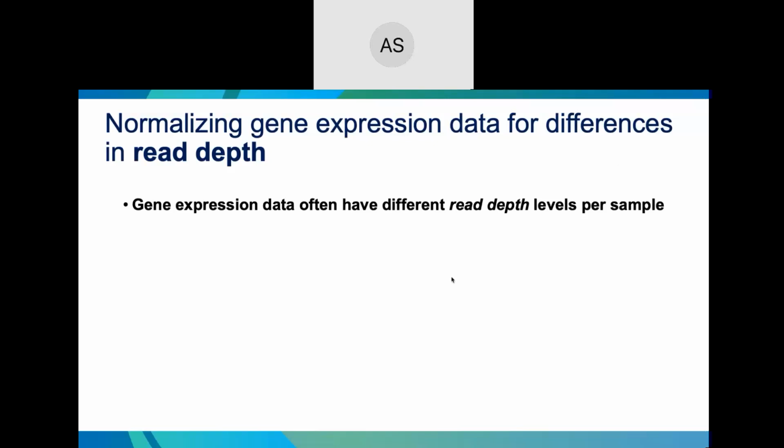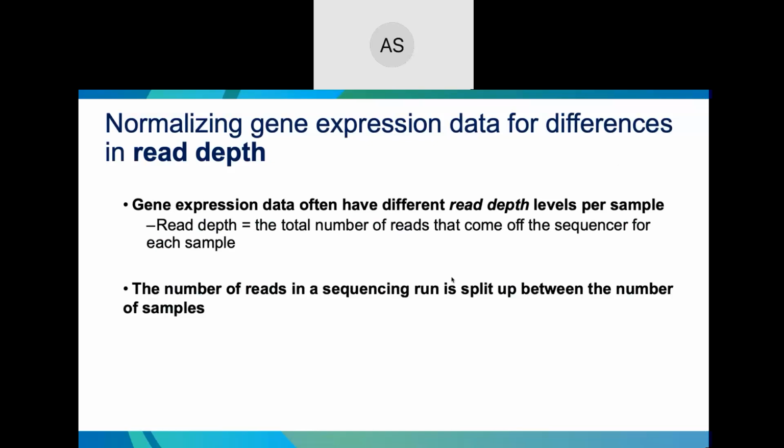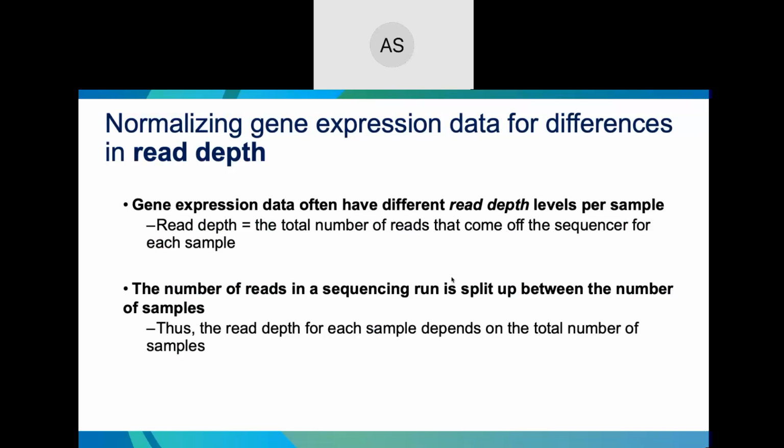Gene expression data often have different read depth levels per sample, where read depth refers to the total number of reads that come off the sequencer for each sample. This is because when you do a sequencing run, you put your samples on an Illumina sequencer, for example, and the number of total reads in a sequencing run is split up between the number of samples. So the read depth for each sample in a certain sequencing run depends on the total number of samples.